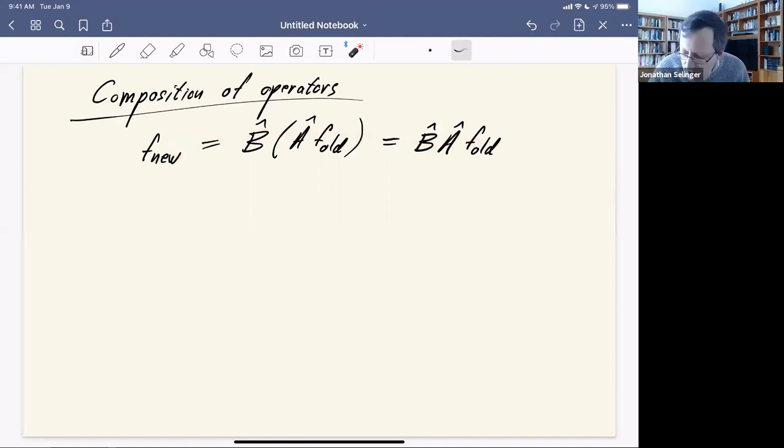Now, we often will say this combination BA makes a combined operator C. So this whole thing is C acting on f old.